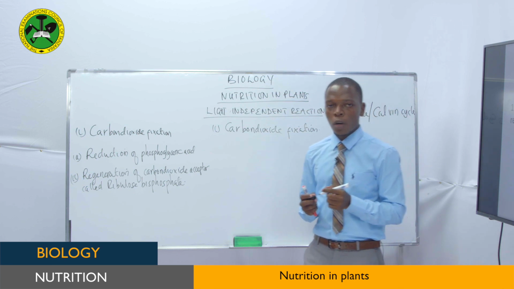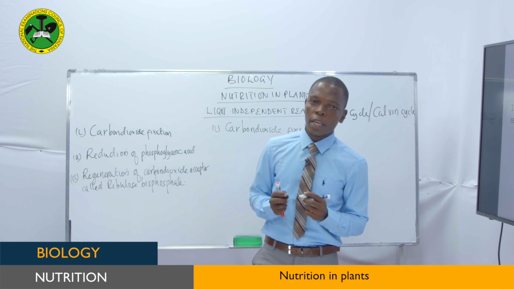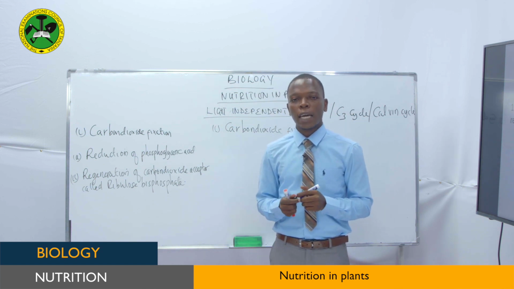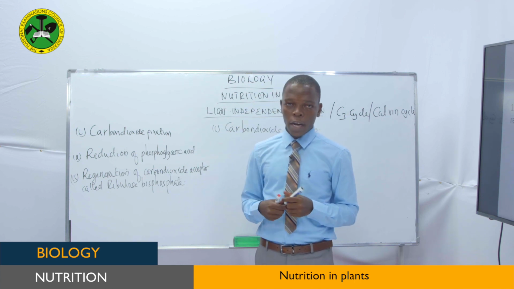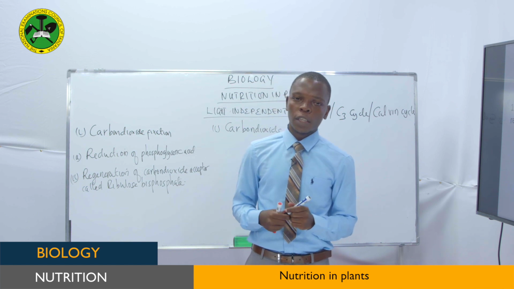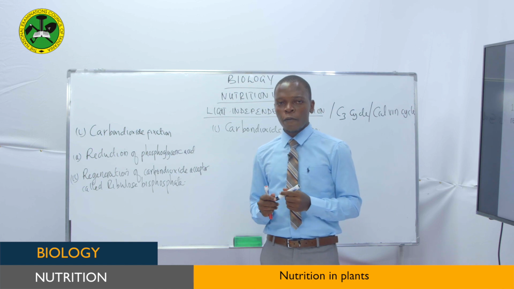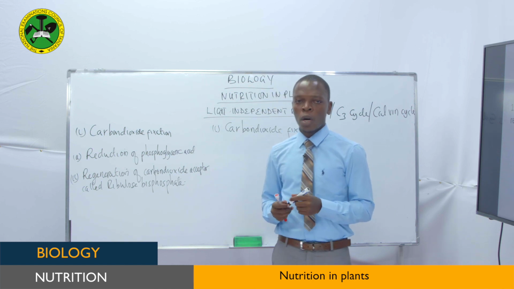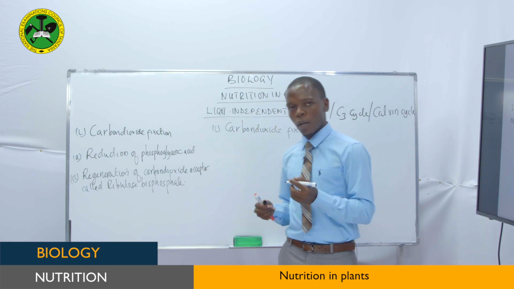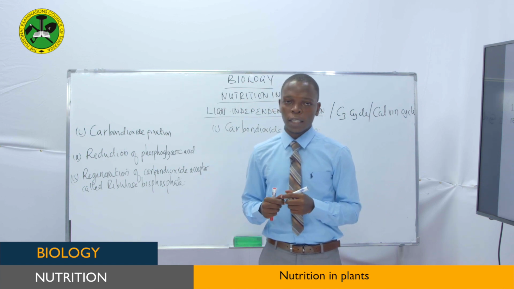When we are talking about carbon dioxide fixation, as we have said, the main purpose of the light-independent reaction is to convert carbon dioxide into a carbohydrate. Therefore, the first stage is carbon dioxide fixation. How does carbon dioxide fixation occur? First of all, the carbon dioxide diffuses into the plant tissue through the stomata pores located in the leaves or stem of some plants, such as cactus.